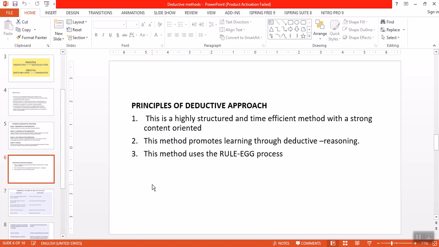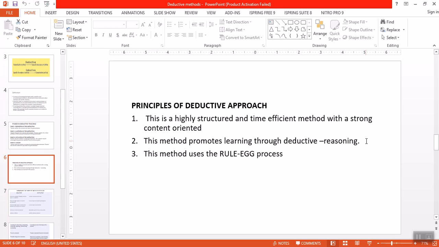Alright, and now next are the principles of the deductive approach. This is a highly structured and time-efficient method with a strong content orientation. If you want to teach really in-depth content, without feeling much pressure about the method itself, then this is the best approach. This method promotes learning through deductive reasoning.